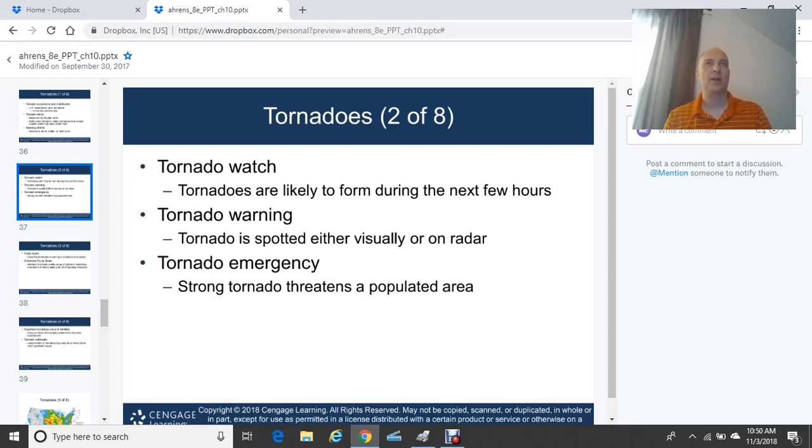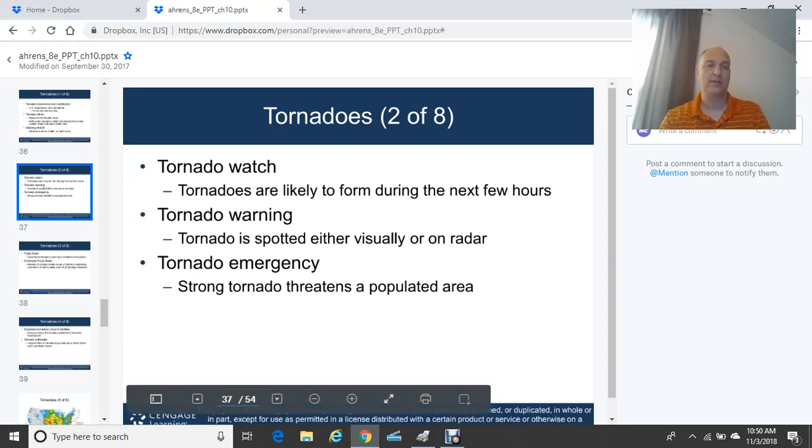These tornadoes can become so wide, and they are so damaging. We use the enhanced Fujita scale, the EF scale, which is based on tornado wind speed. You can have EF4s and EF5s, EF5 being the strongest, going right through a very populated area. In this case, they would issue a tornado emergency.